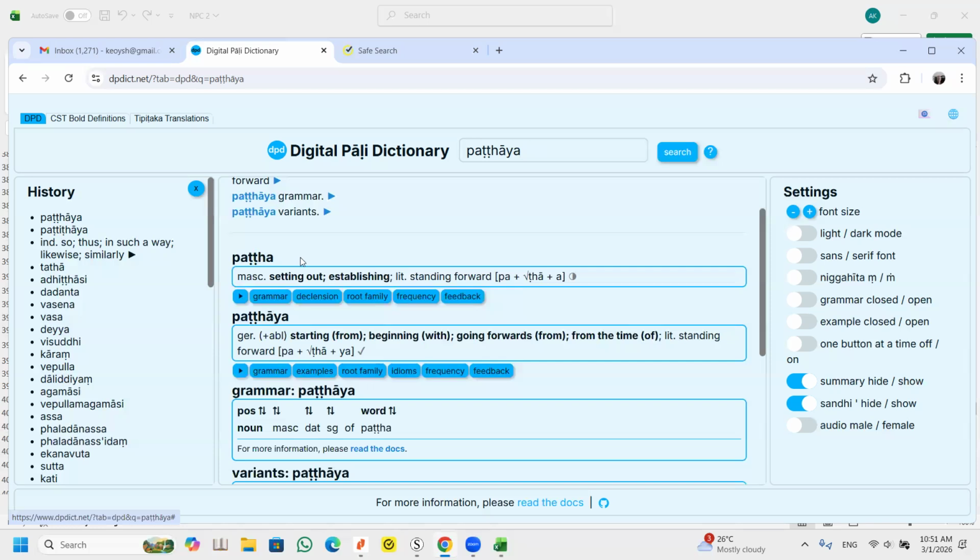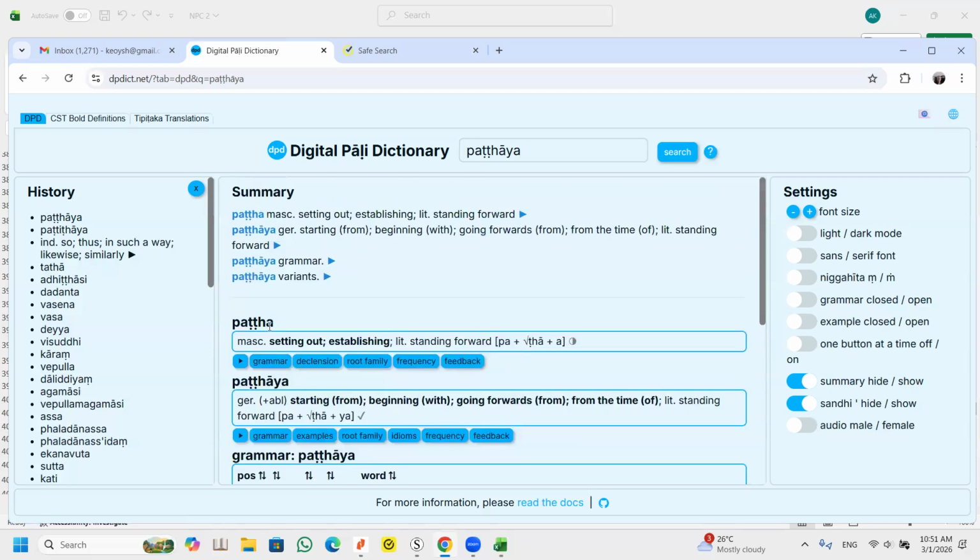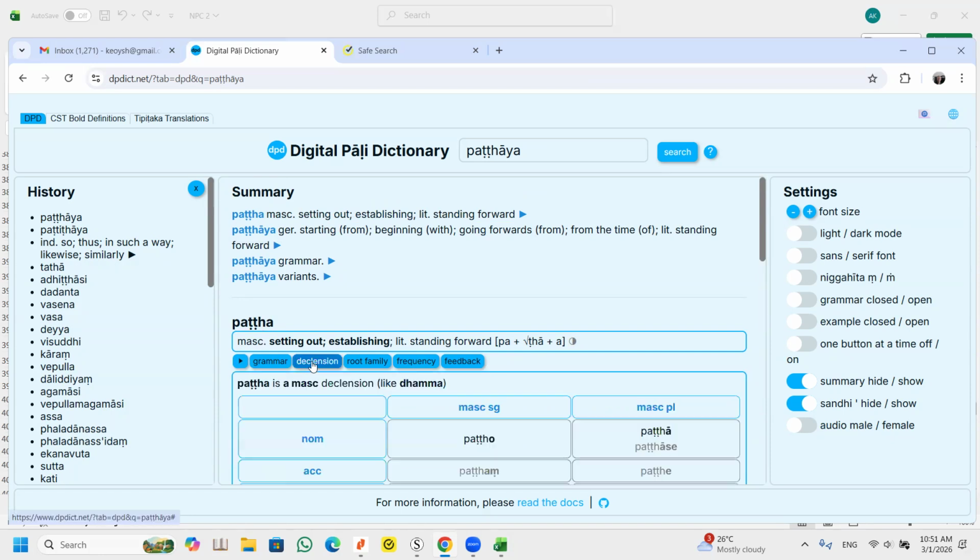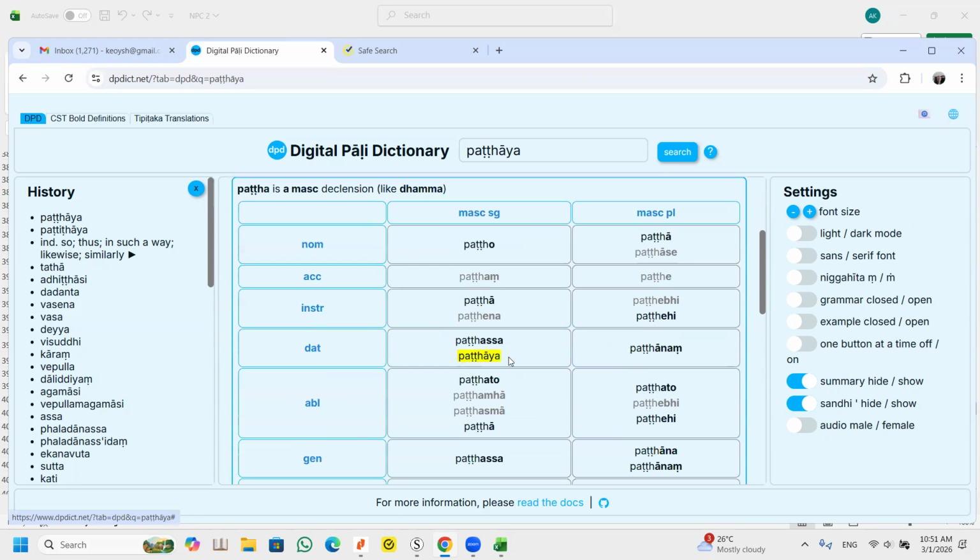Now, if you decline this, you will definitely get the same case here. But this one is a gerund. If you decline it, you definitely get the same case. Now, dative. Correct.